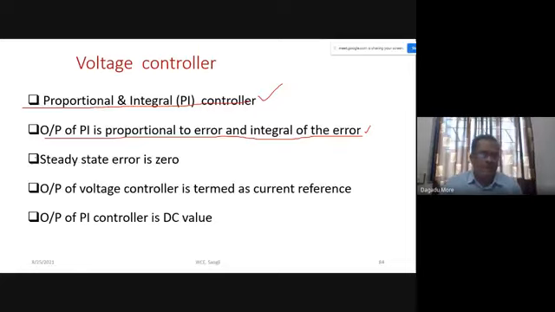A very important characteristic of this PI controller is that the steady state error will be 0, meaning reference and feedback will always be the same. Here the output of the voltage controller we can call the current reference. And the output of the PI controller is a DC value.